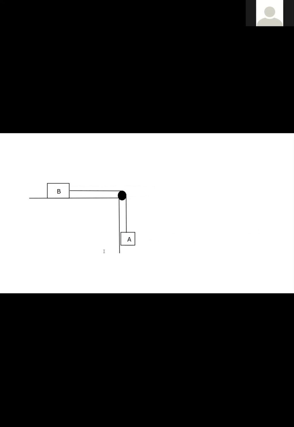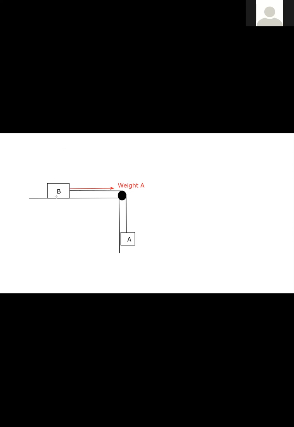Object A, when it's released, is going to fall to the ground. Since there's no friction up here, B is going to follow A. So the force acting on B is from the weight of A. That's the force that's pulling this system.